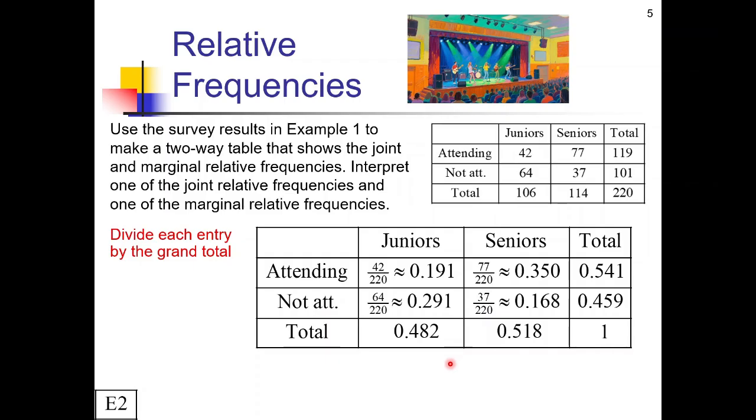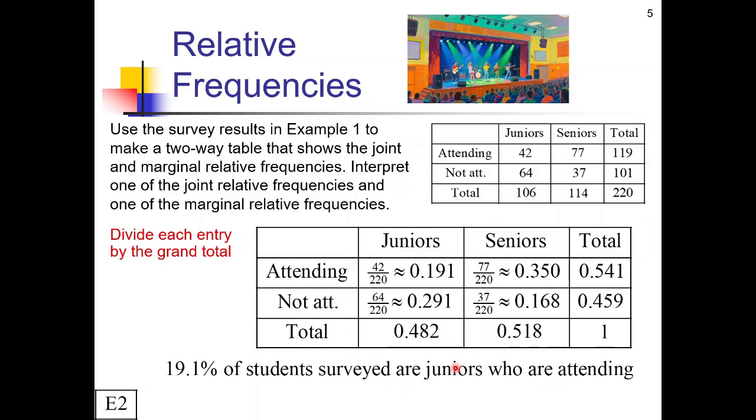So how about this interpretation piece? Let's take a look at this 0.191. What does this actually mean here? Well, this means that 19.1% of students who answered this survey are juniors who are also happening to attend this concert. And you could say the same thing about all these other joint ones. This is 35% are seniors who are attending, 16.8% are seniors who are not attending, and so on and so forth.